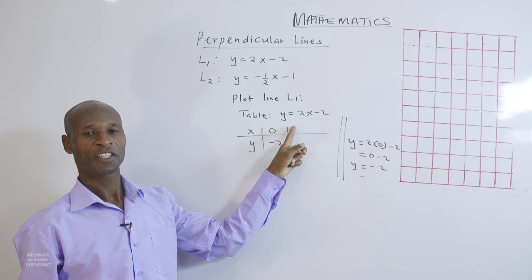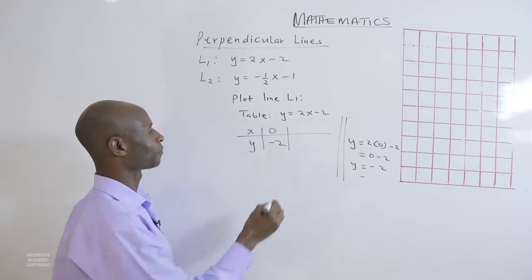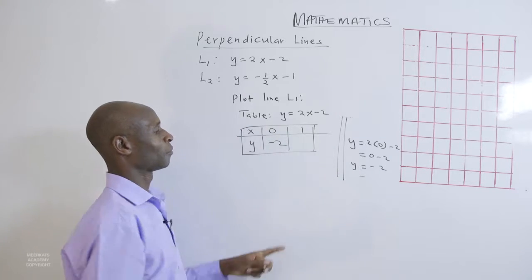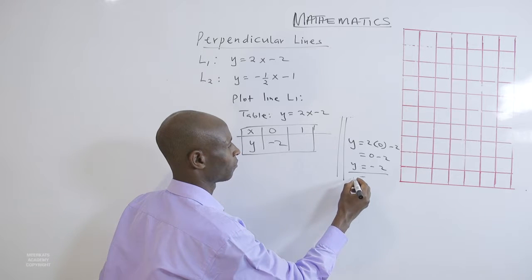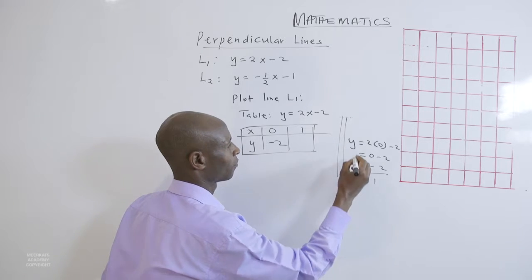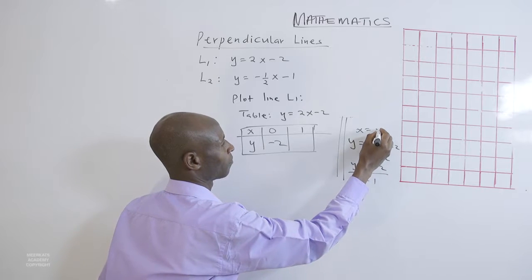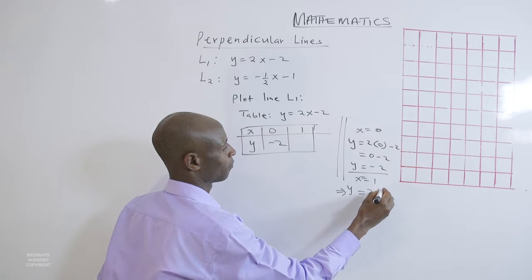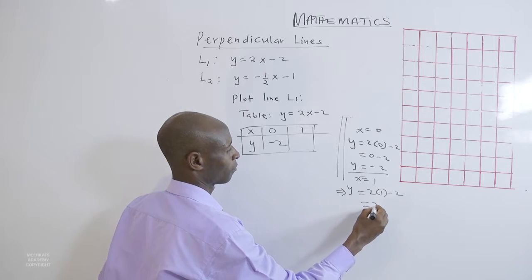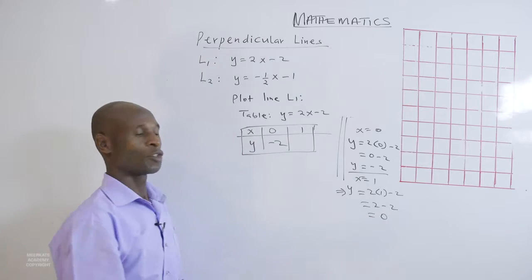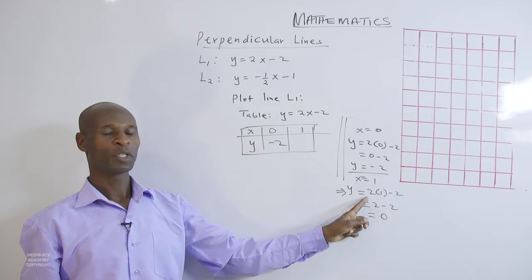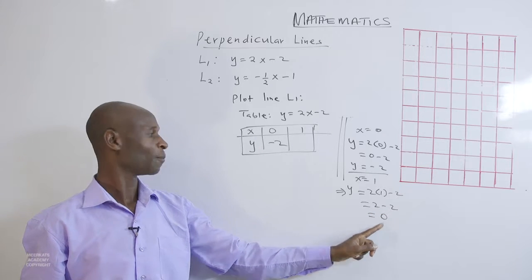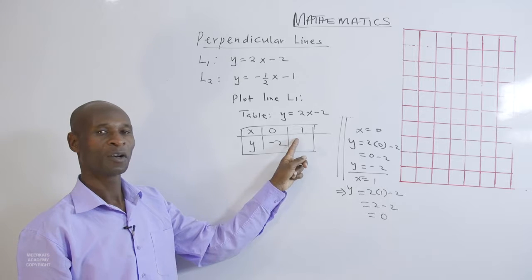Suppose the other value of x is 1. When the value of x is 1, y will be 2 times 1, which is 2, minus 2, which gives us 0. So the value of y is 0 when x is 1.